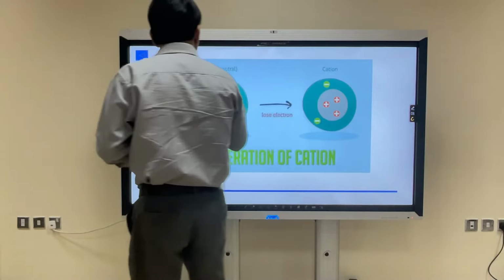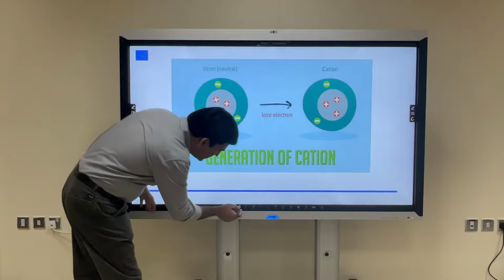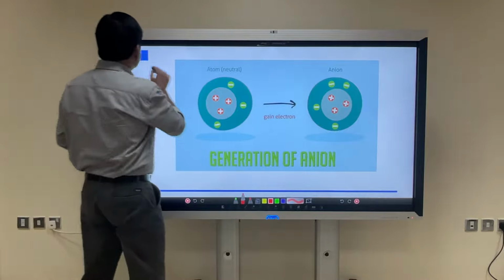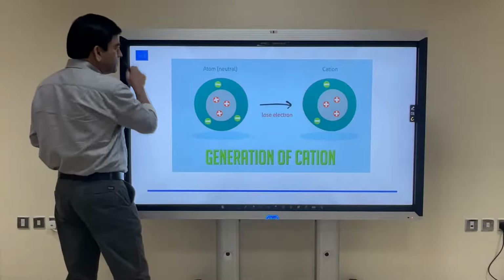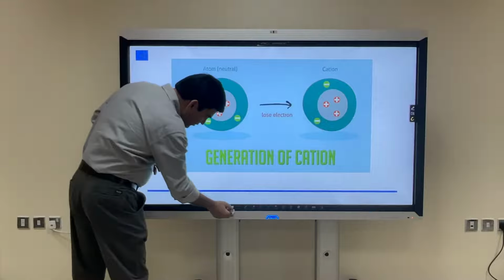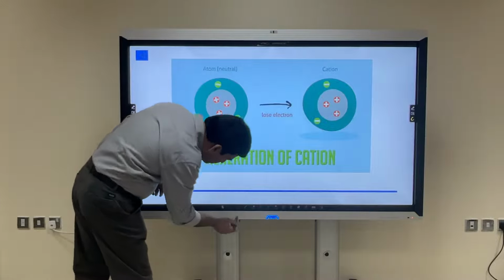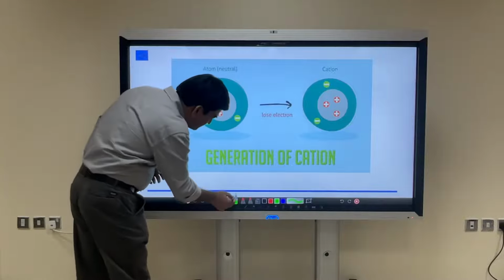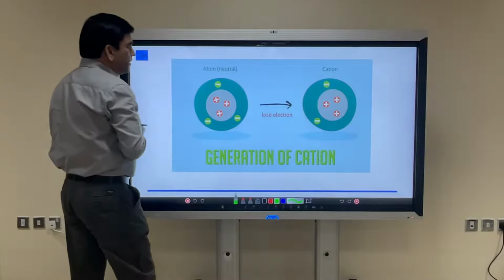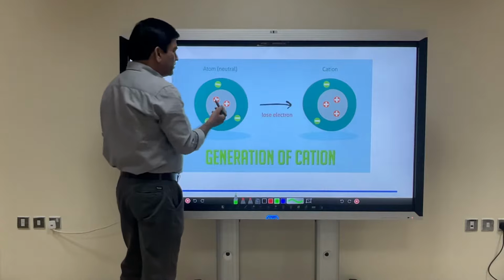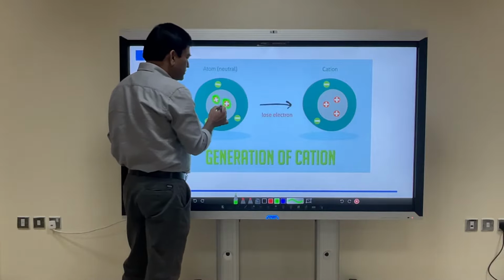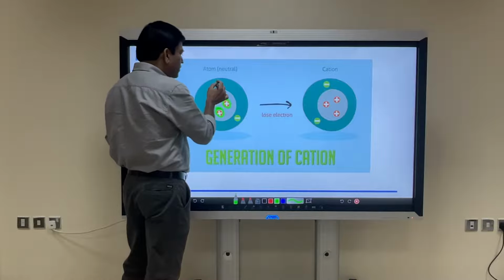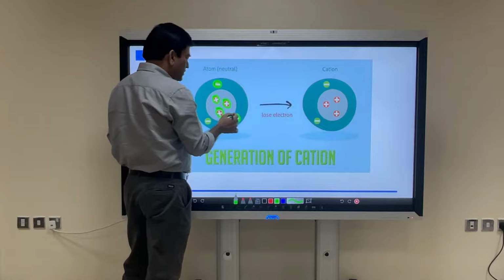Now, the first thing over here, if you see, is that an atom is electrically neutral in nature. You can see as a figure over here, there are, say, 3 positive charges and 3 negative charges.